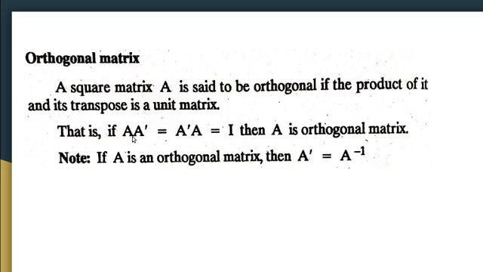The product of a given matrix and its transpose should be equal to the unit matrix. Then only the given matrix is said to be orthogonal. So if a square matrix A is an orthogonal matrix, then A transpose is equal to A inverse. Then only the condition is satisfied.